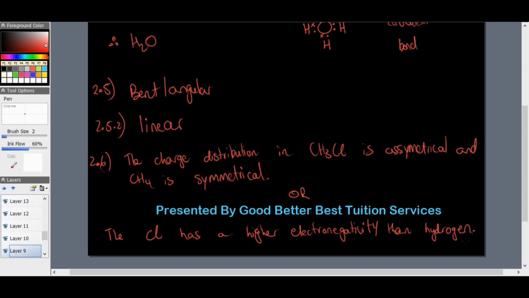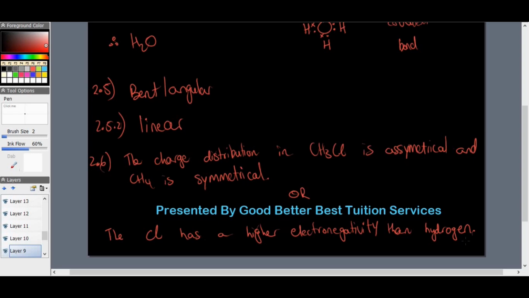So Cl has a higher electronegativity than the hydrogen in CH3Cl. That's why CH3Cl is rendered polar, while CH4 is rendered non-polar. Also, because of its symmetry, the molecule is very symmetrical, almost like it could fold very easily if it were paper, with an axis of symmetry.